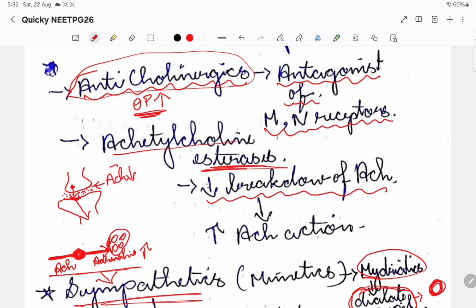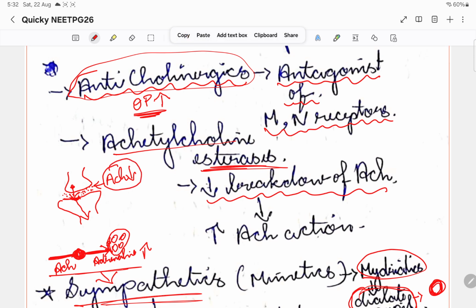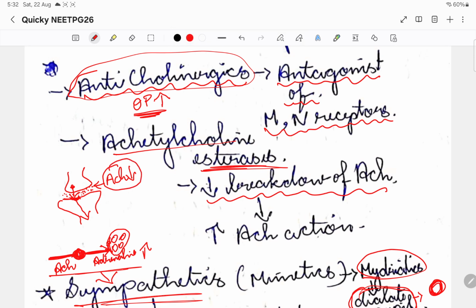To reduce the acetylcholine breakdown, we use acetylcholine esterase inhibitors, which block the breakdown of acetylcholine and increase the amount of acetylcholine in the synapse. So there is increased activation, or increased action potential, and increased acetylcholine action.